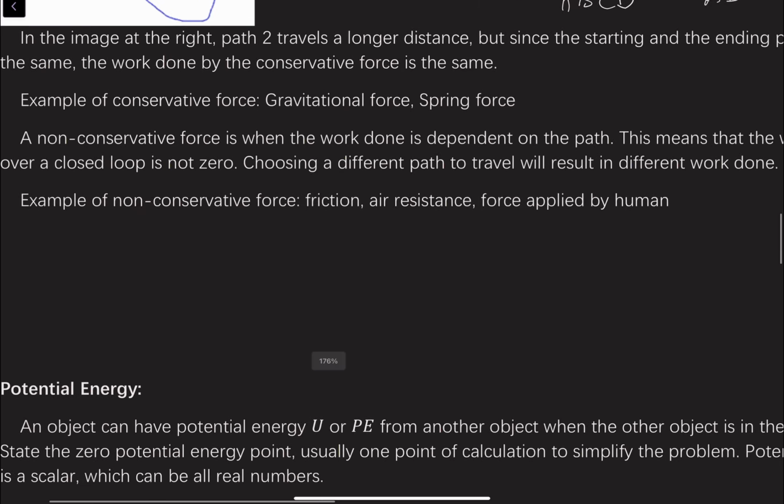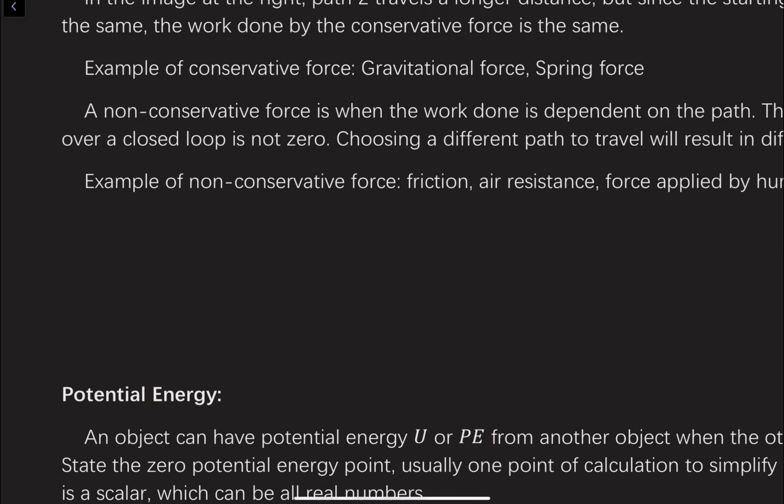And gravitational force is independent of path. Let's say you have an incline. It has a length L, an angle theta from horizontal, and a height h.